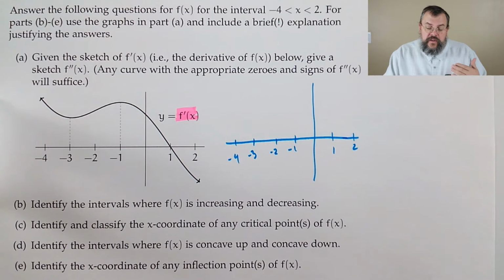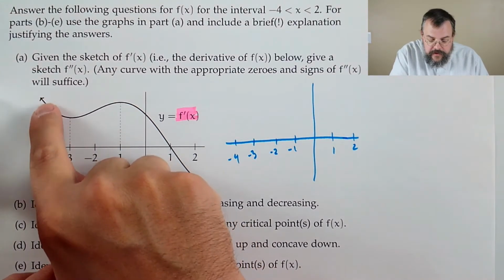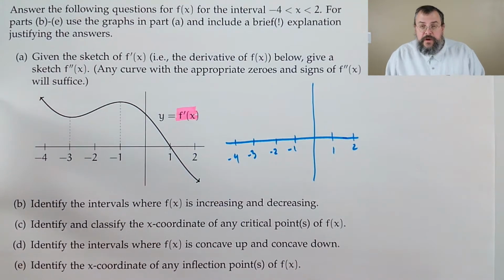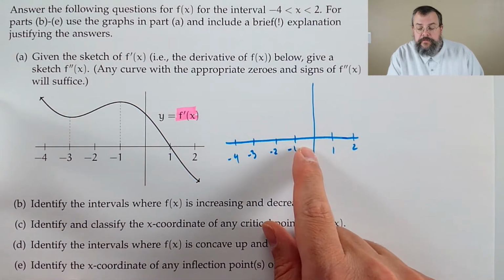So the second derivative is the derivative of the first derivative. So one of the things you want to do when you're first looking for what's going on is figure out, is there any place where our tangent line would be 0? So in other words, let's look at this curve here and ask ourselves the question, is there any place where there's a flat tangent line? A flat tangent line means that's the place where the derivative would be a 0.